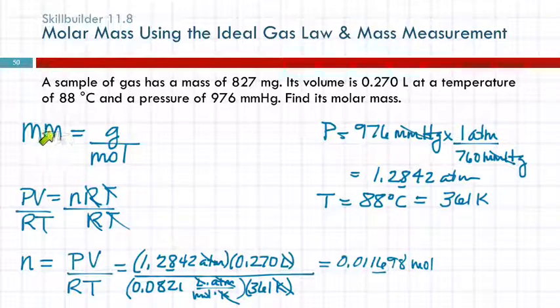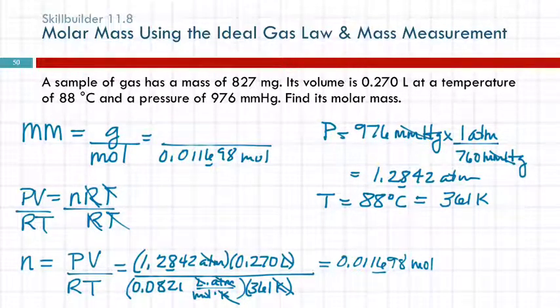So molar mass is the mass in grams divided by the number of moles. Well, I just found the number of moles. 0.011698 moles. How much does that number of moles weigh? 827 milligrams.